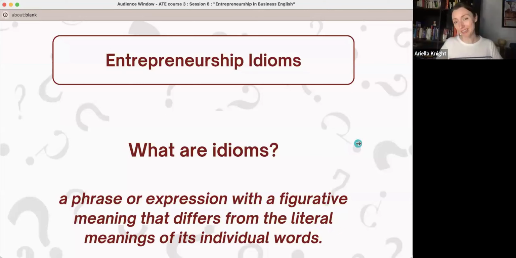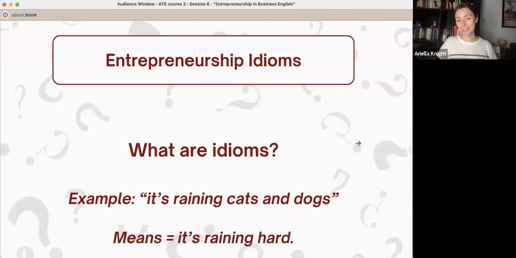An example is easier. When people say it's raining cats and dogs, it's an idiom that means it's raining so hard. The literal meaning is cats and dogs flying from the sky, and that's not at all the case. It has a figurative or abstract meaning: it's raining hard.